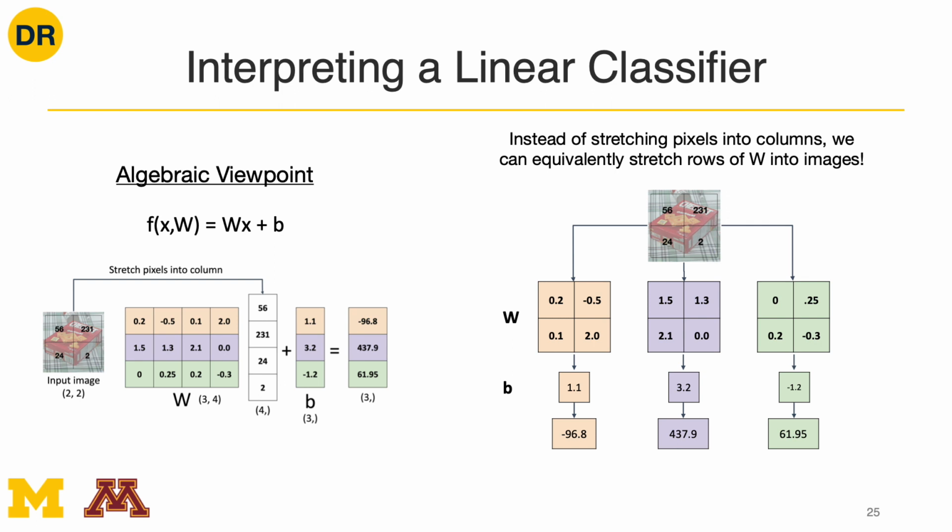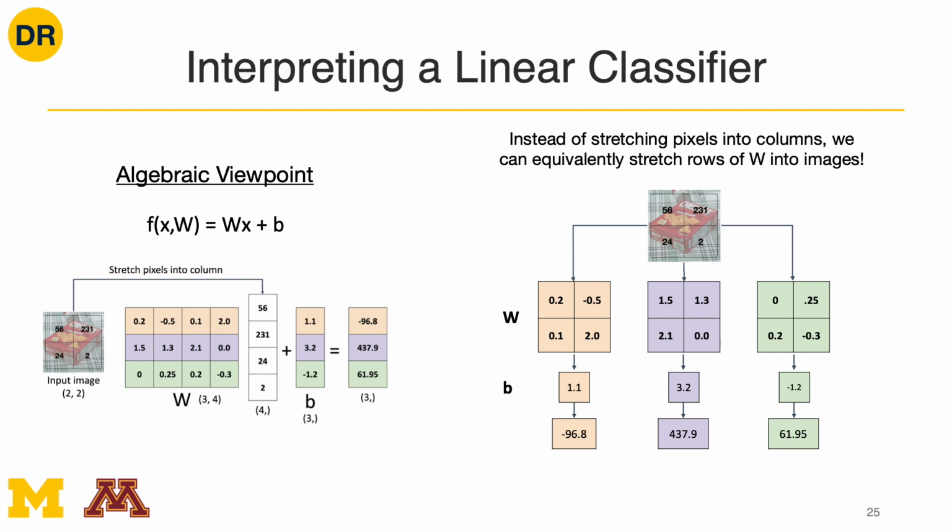These rows are essentially what we take the inner product of with the column vector image to produce the score for that class. On the left-hand side of this figure, if we take the inner product between this beige row of the weight matrix and our input image vector, that produces the final score for the beige category.